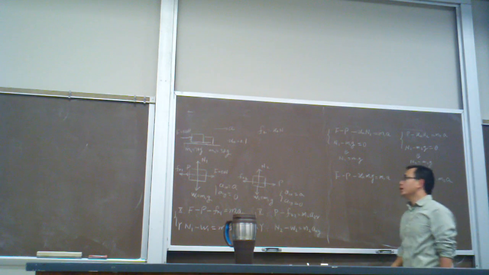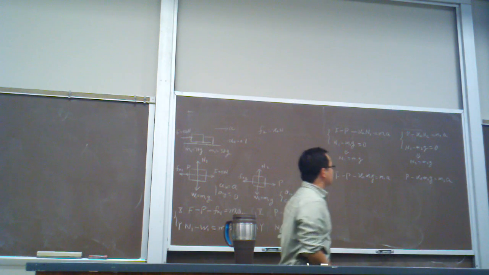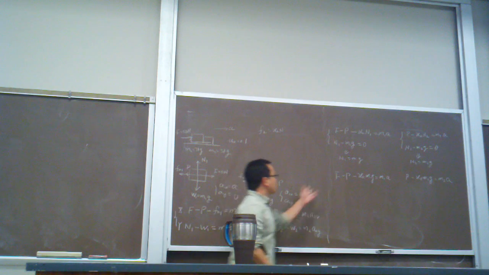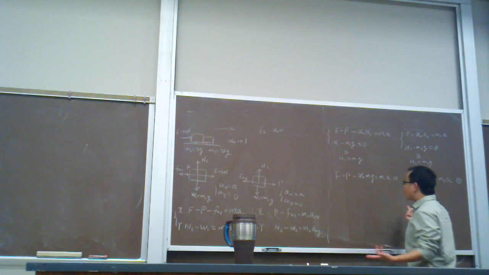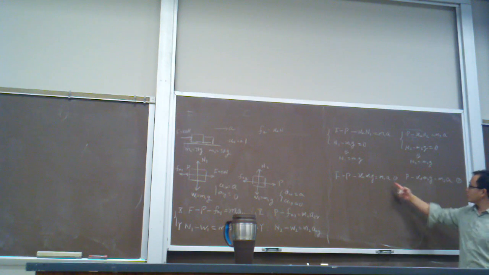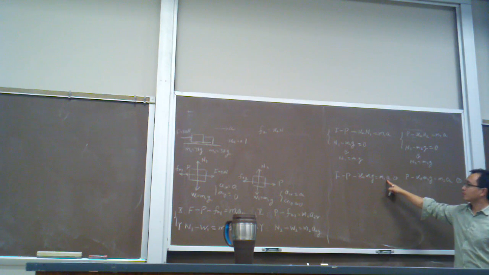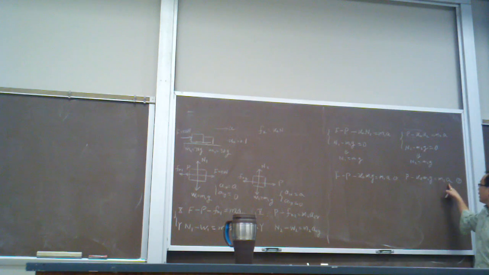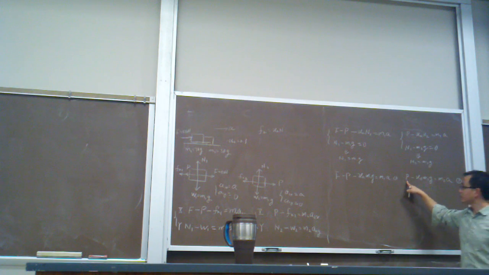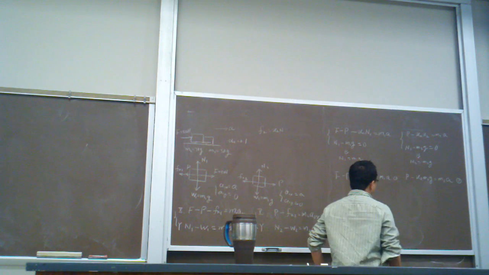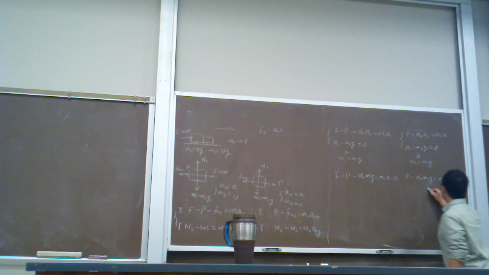Okay. And then, if you check the two equations, we call them 1 and 2, and you have only two unknown quantities, right? A and P here. So you should be able to solve the two equations together to give you the two unknown quantities A and P, right? Okay? So the best way to do it is look at this equation.